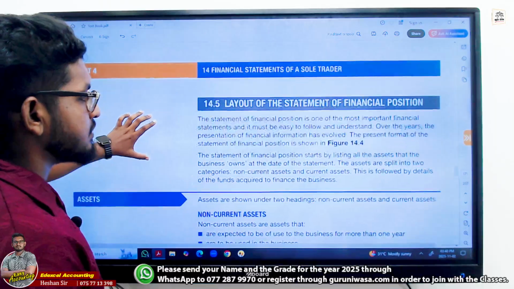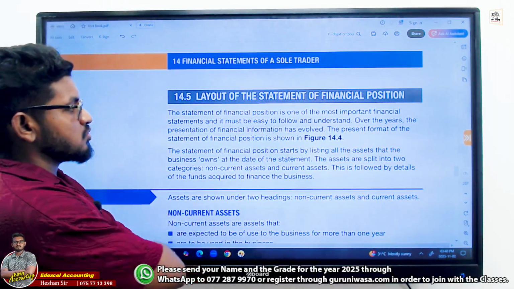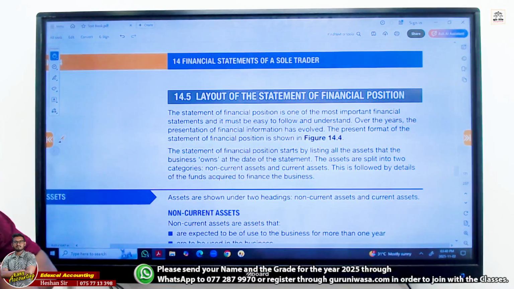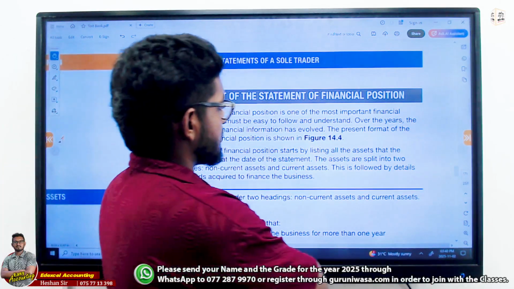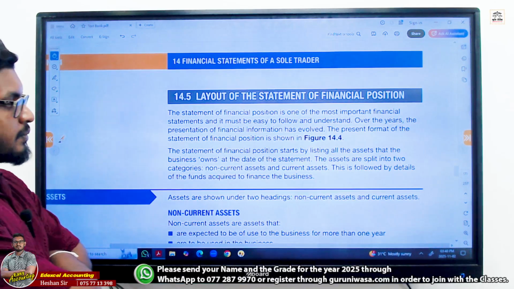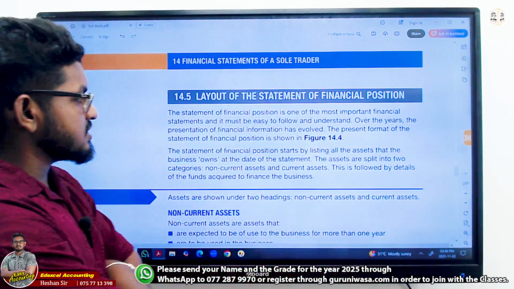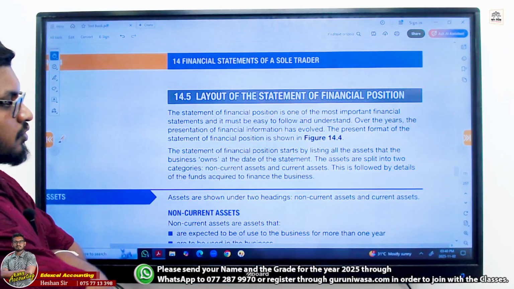Now, layout of the statement of financial position. The statement of financial position is one of the most important financial statements, and it must be easy to follow and understand. Over the years, the presentation of financial information has evolved. The present format of the statement of financial position is shown in figure 14.4.